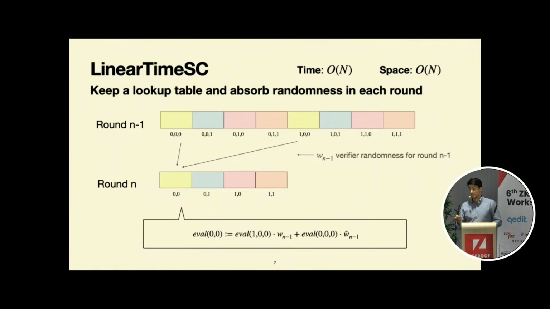So we can perform a folding defined by this little snippet here. It's very simple. You get one of the values, you multiply it by the verifier randomness, and you add this to the other value multiplied by the verifier randomness hat.